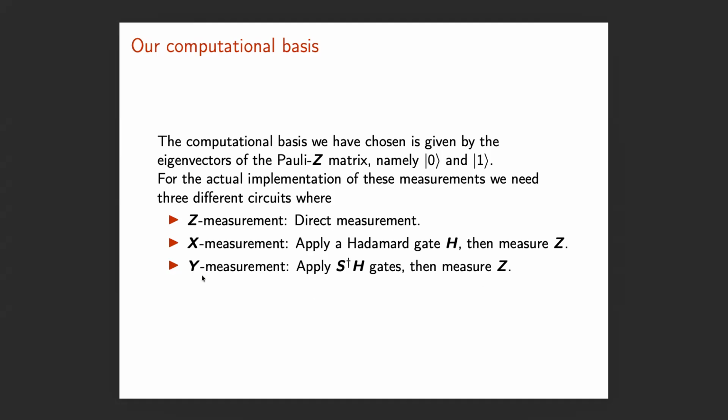Similarly, for a Y gate, we need to perform first a phase shift and then a Hadamard gate, and then we can measure in the Z basis, which allows us to find the measurements in the computational basis. So keep in mind that we have chosen a computational basis and we want to make the measurements in the computational basis.